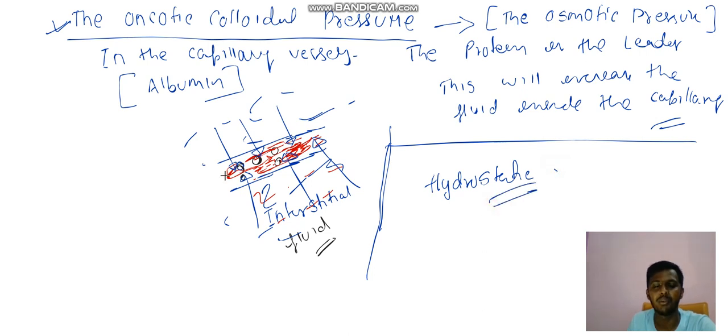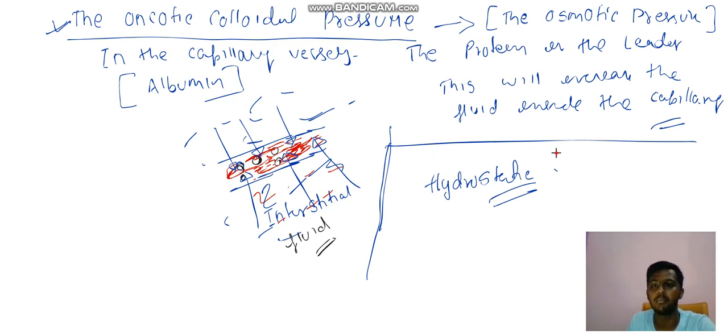This pressure is coming with the blood, and if the blood is having more water, so what blood will try to do? It will try to force outside water. Okay, blood will try to force outside water, means outside in the interstitial region. Okay, so this will happen.